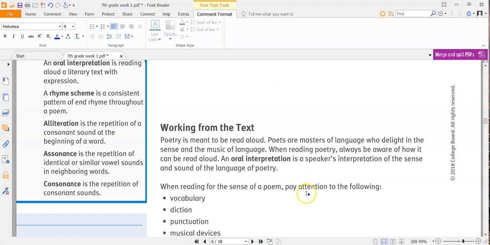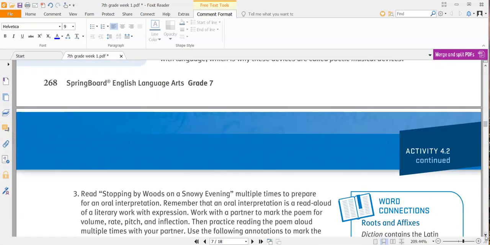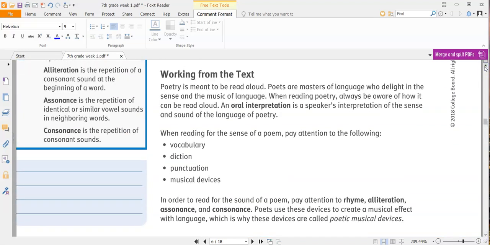And then here it says, poetry is meant to be read aloud. Poets are masters of language, who delight in the sense and music of language. When reading poetry, always be aware of how it can be read aloud. An oral interpretation is a speaker's interpretation of the sense and sound of the language of poetry.